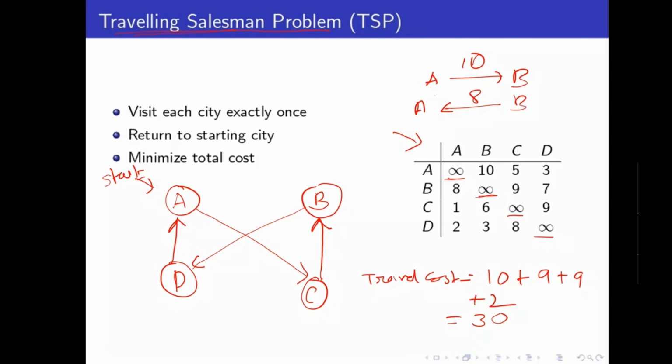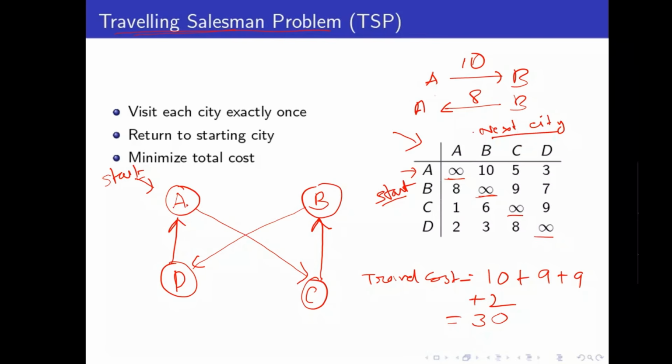So this tour, how much it will cost? So A to C. So this is the starting city, and start means if you are going from one city to another, this is the next city. It's representing, right?